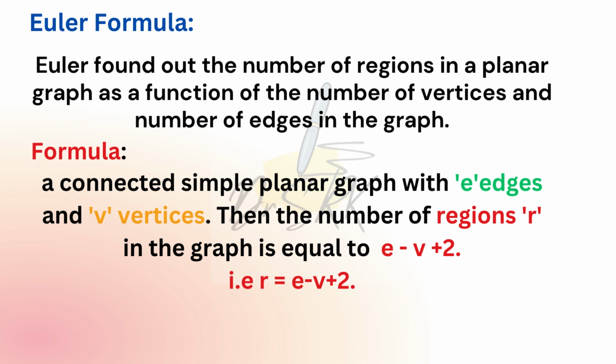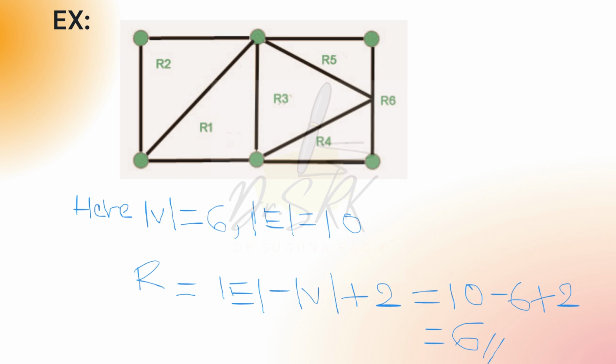So to understand this formula, we will depend upon one example here. This is the planar graph. To find the regions of the planar graph here, we know there are six regions totally. These six regions can be found by using the Euler formula. Mod V means number of vertices in the given graph, totally 6.